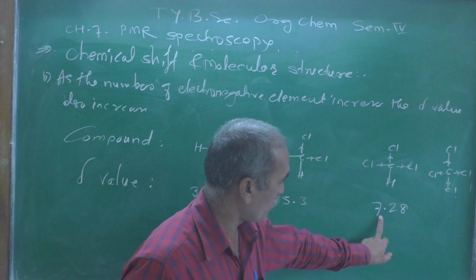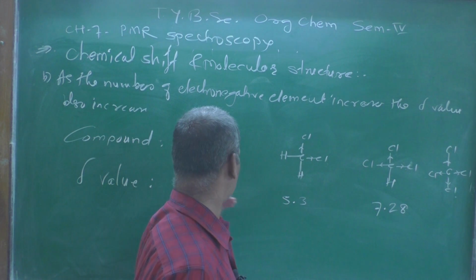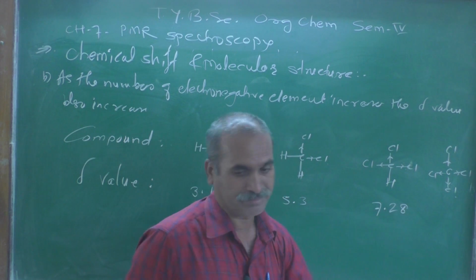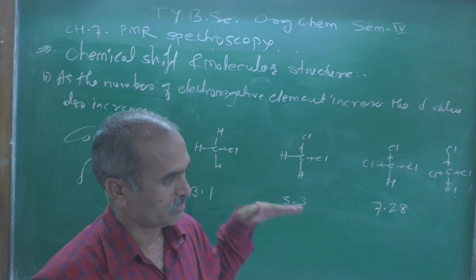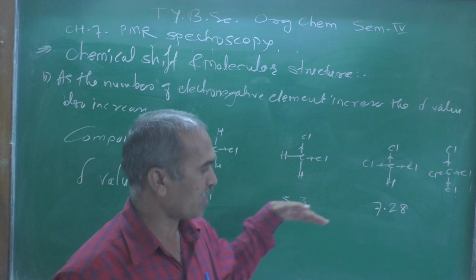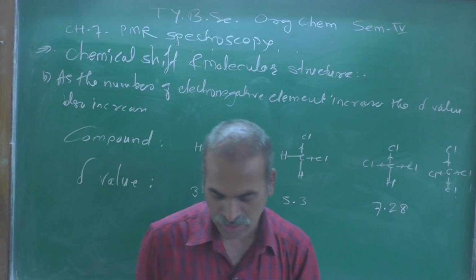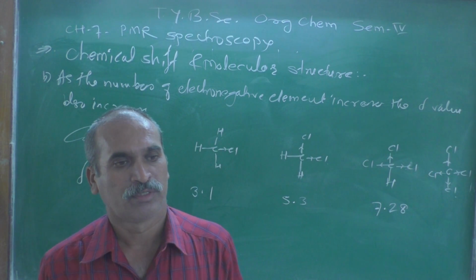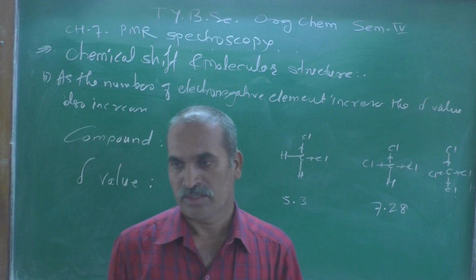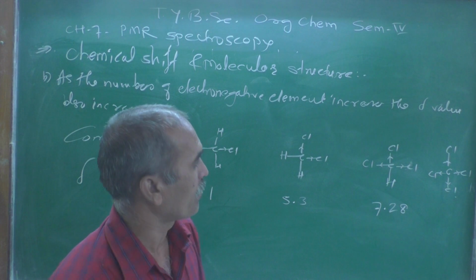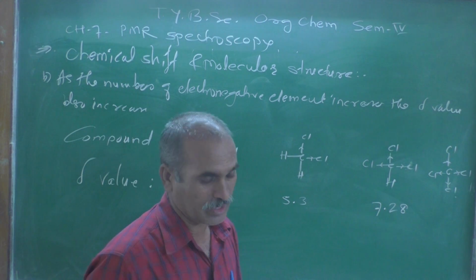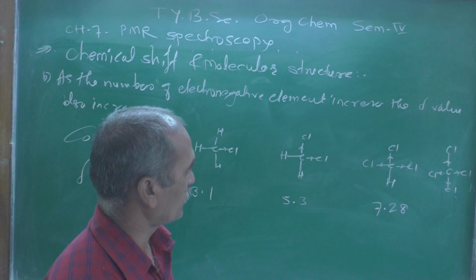Up to this point, a trend is observed. There is a gradual increase in the chemical shift value because of the increasing electron withdrawing effect due to the chlorine atoms.